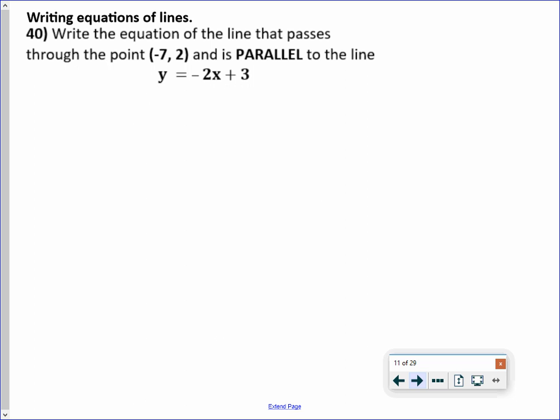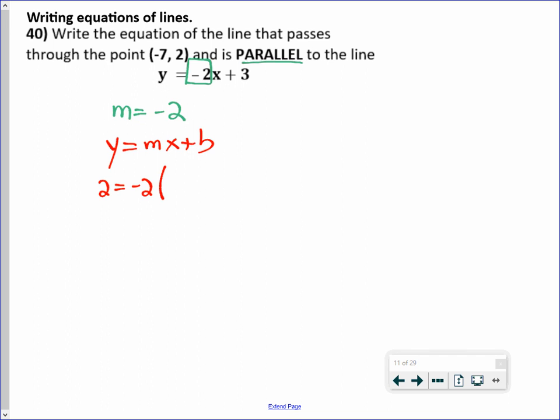So next up, write the equation of a line that passes through the point -7,2 and is parallel to the line. So the key thing here is that parallel. And parallel lines have the same slope. So my new line is also going to have a slope of -2. And I know that y equals mx plus b. And I know that when y is 2, x is -7.